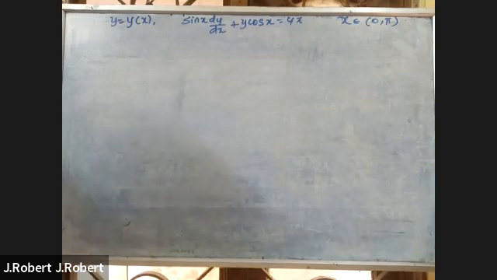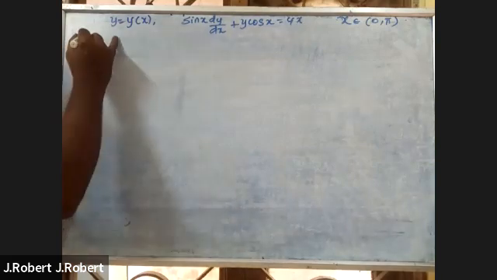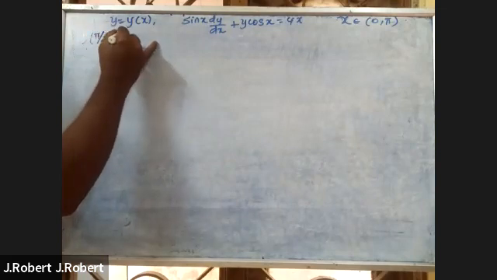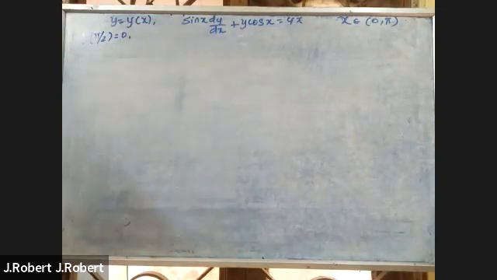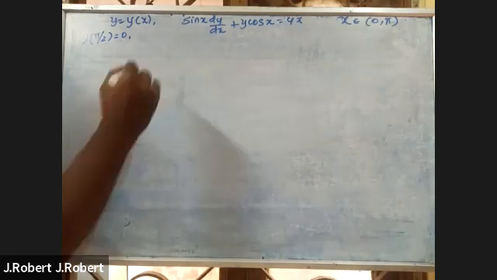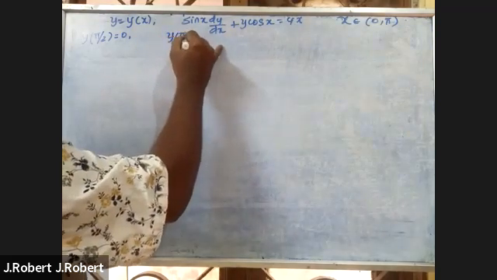If y of pi by 2 is equal to 0, then y of pi by 6 is?